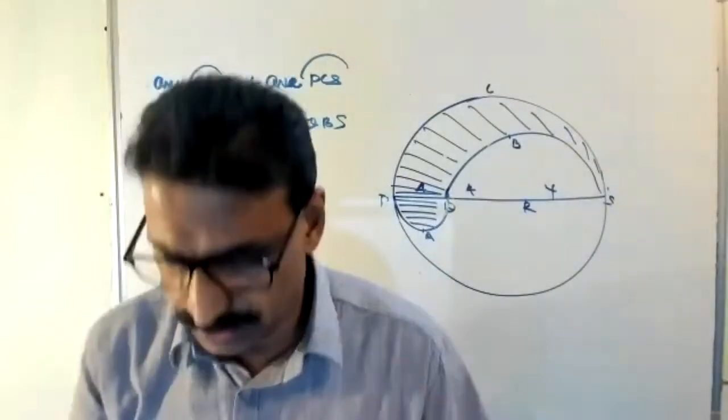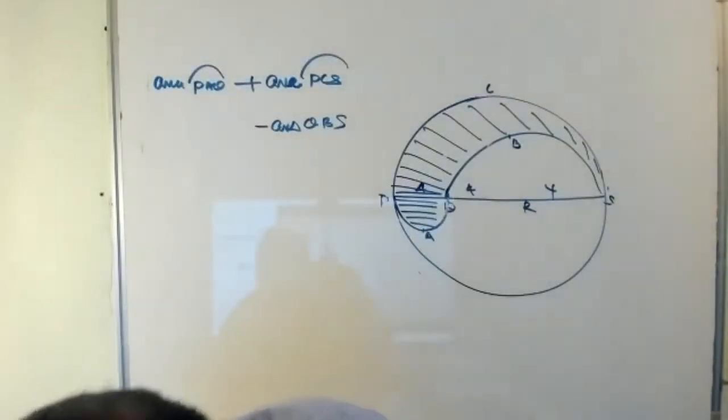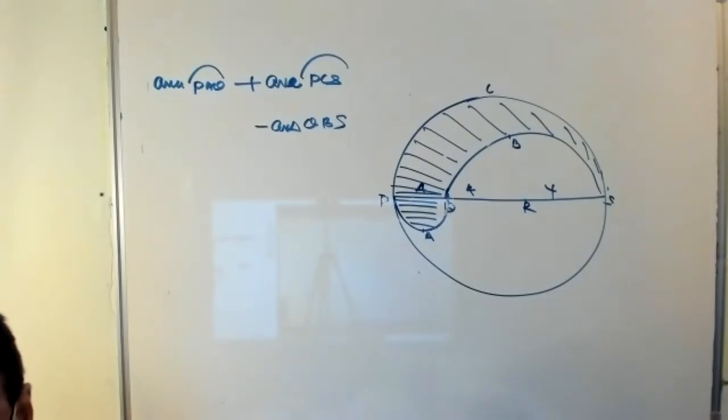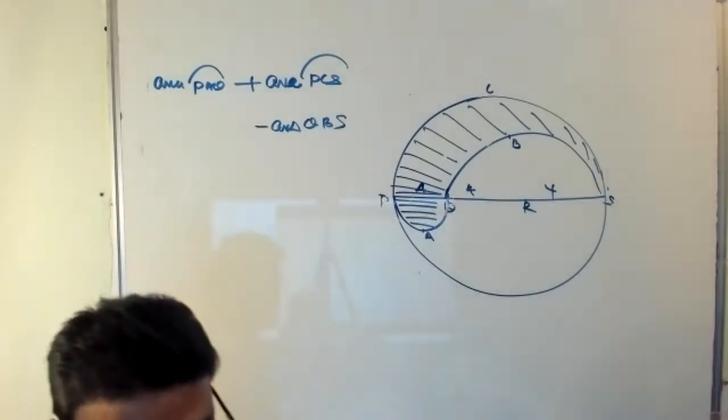Is it okay? These are the plan, okay or not? The shaded area is equal to area under PAQ plus PCS minus QBS. Is it okay?